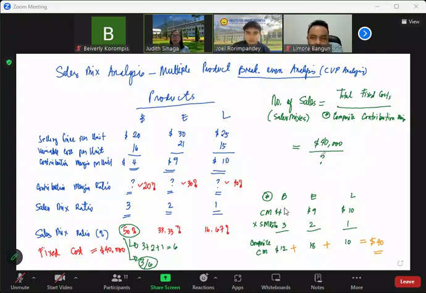If this is 40, so there will be 1,000 composite units.